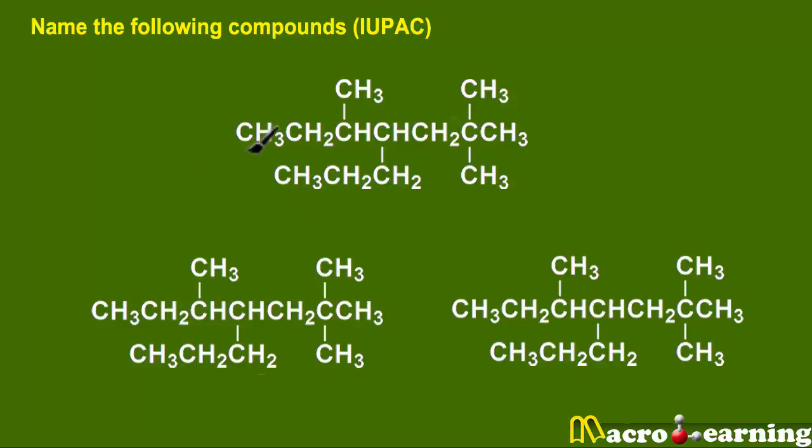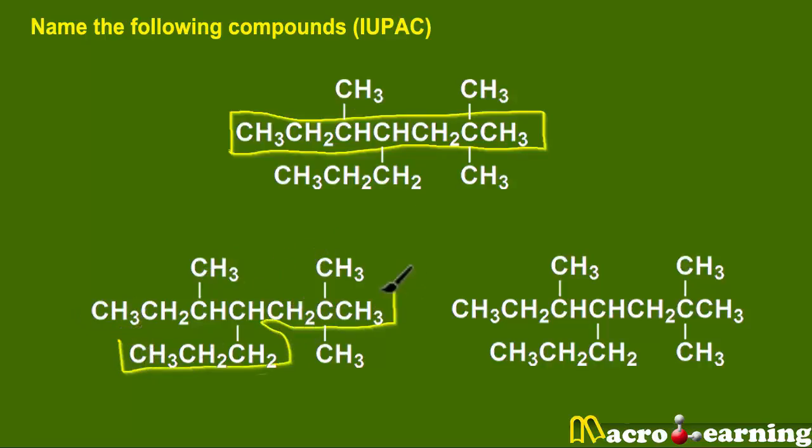To me, the main chain could be either this more straightforward one, a 7-carbon main chain, or it may be like this, still a 7-carbon main chain, right?